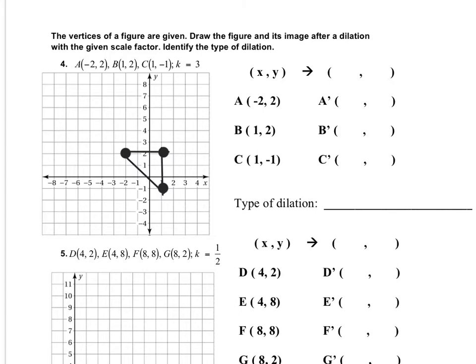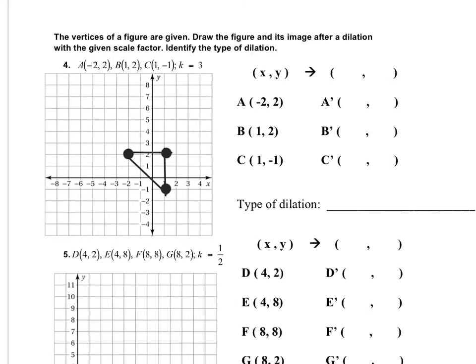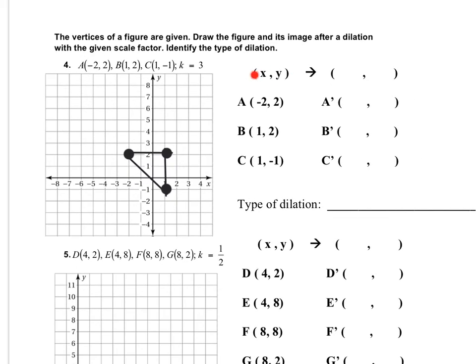So (x, y) goes to (3x, 3y). Each x coordinate will be multiplied by 3, and each y coordinate will be multiplied by 3. So for A, -2, 2, that goes to A prime, which becomes -6, 6.